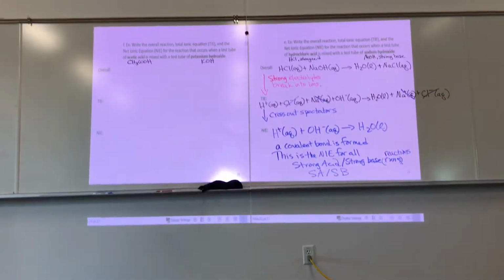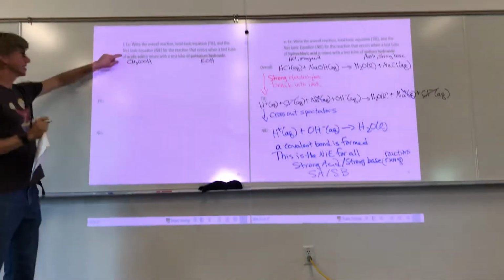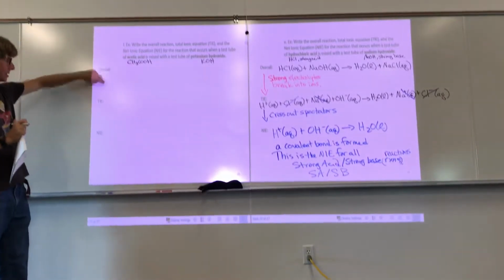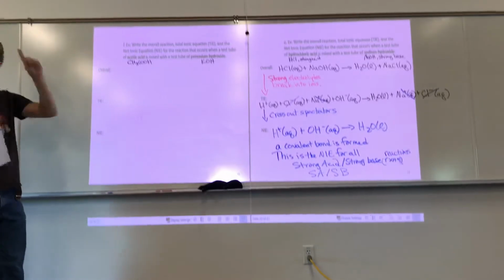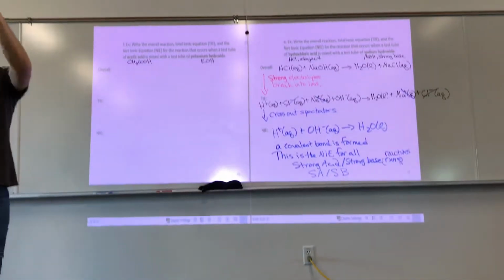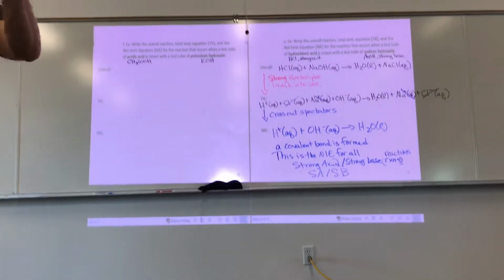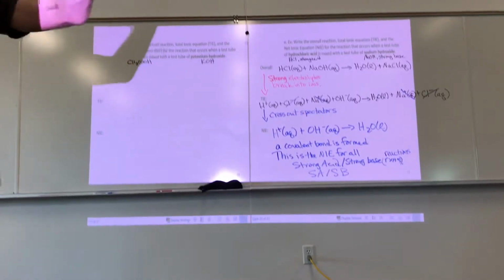Because on your exam, everything, with one exception, is what I would consider a one-concept problem. Since this deals with overall TIEs and NIEs, which is one concept, and nomenclature, since I didn't give you the formulas, that's two concepts.